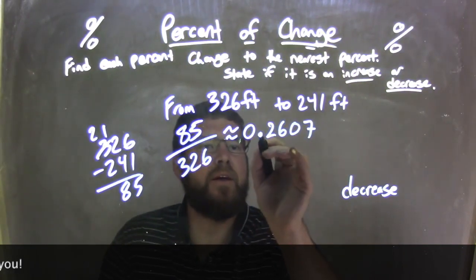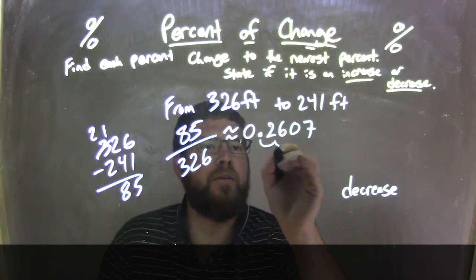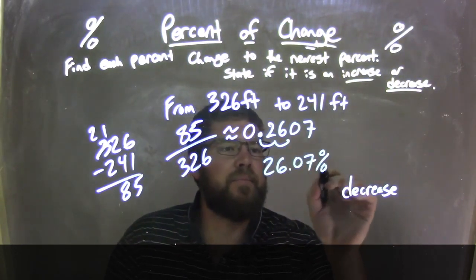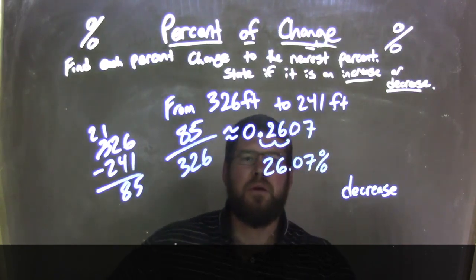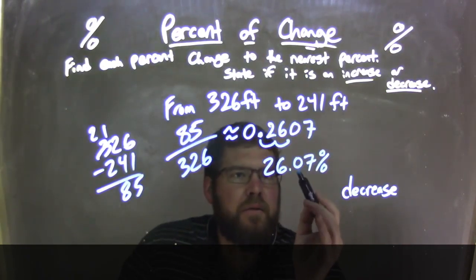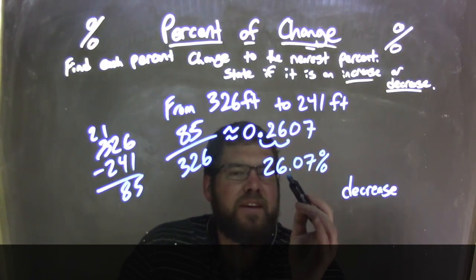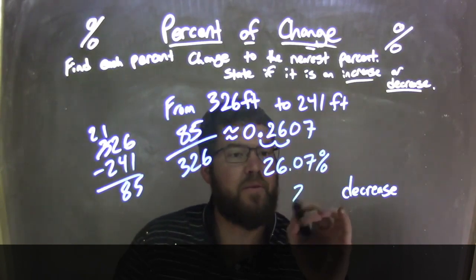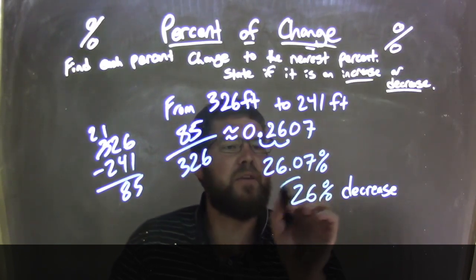So I take that decimal here and move it over 2 units to the right, 1, 2. So we're left with 26.07%. But now that needs to be rounded. That 0 here causes the 6 to stay a 6, that's essentially rounding down. So we just have a 26% decrease as our final answer.